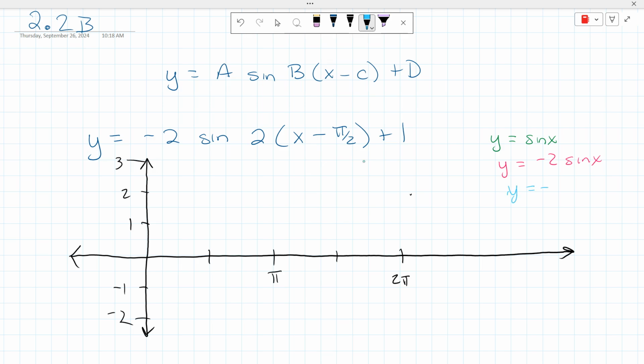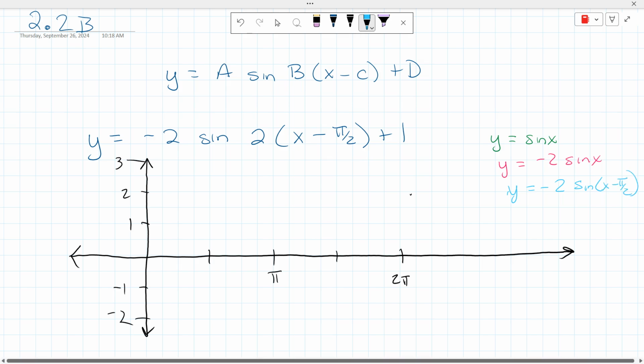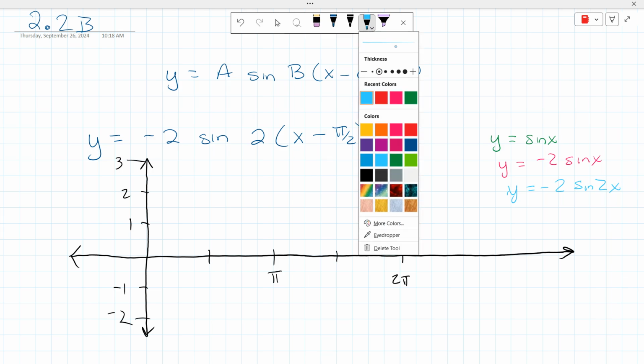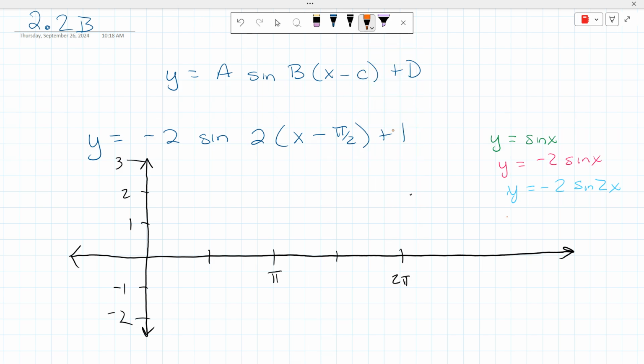Y equals -2 sine of x minus pi over 2. And then we got our last one. Oh, I forgot about the 2 in there. So this should be 2x. And then, let's go orange. Y equals -2 sine of 2x minus pi over 3. There we go. So we're going to have 5 graphs in one.